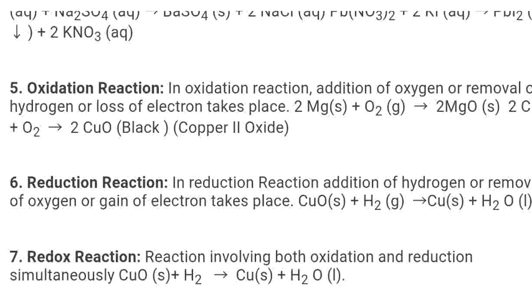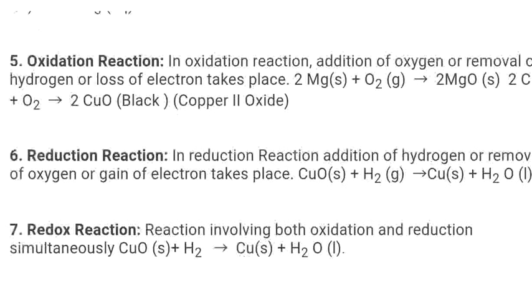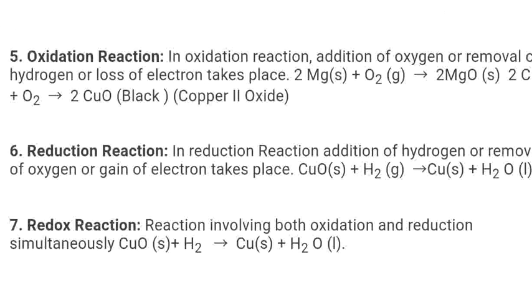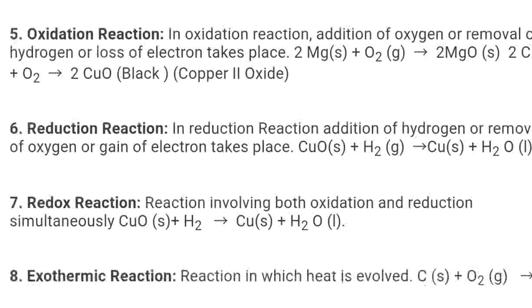Next one is oxidation reaction. In oxidation reaction, addition of oxygen or removal of hydrogen or loss of electron takes place. Okay, if in any equation a substance loses hydrogen or loses electron, or gains oxygen, then these types of reactions are known as oxidation reaction.